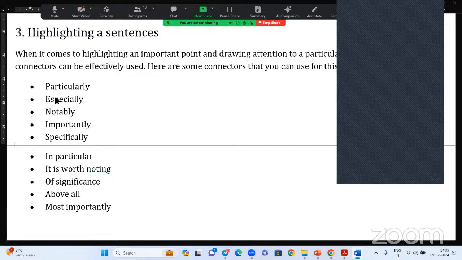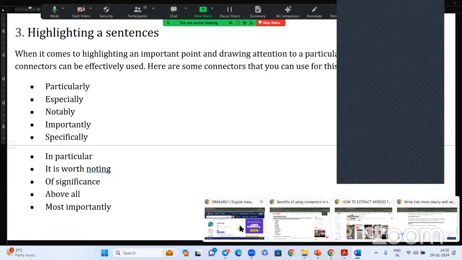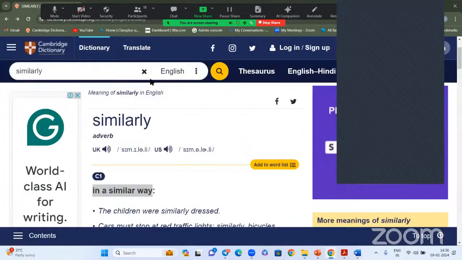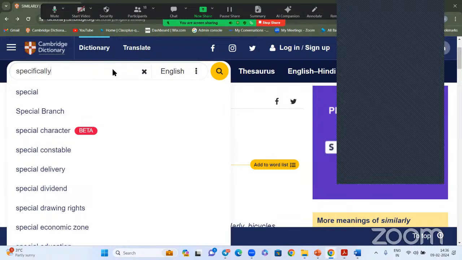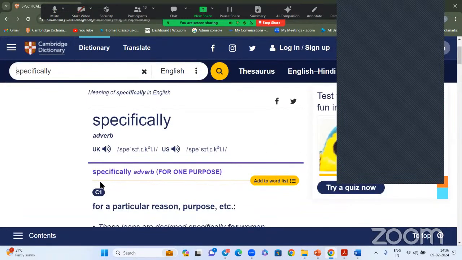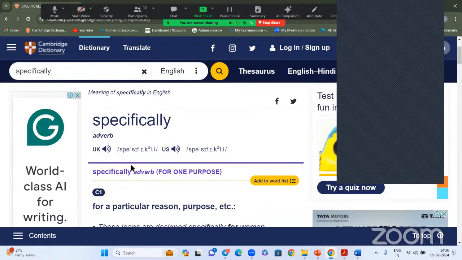So these words, you can find out what level of these words are. So for example, specifically, what level is it?